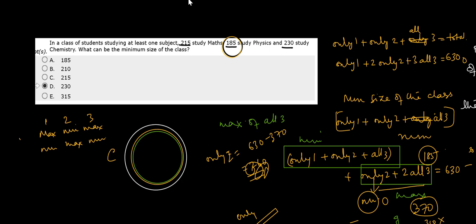Can it be equal to zero? Look at the diagram. Can it be equal to zero? No. What will it be?